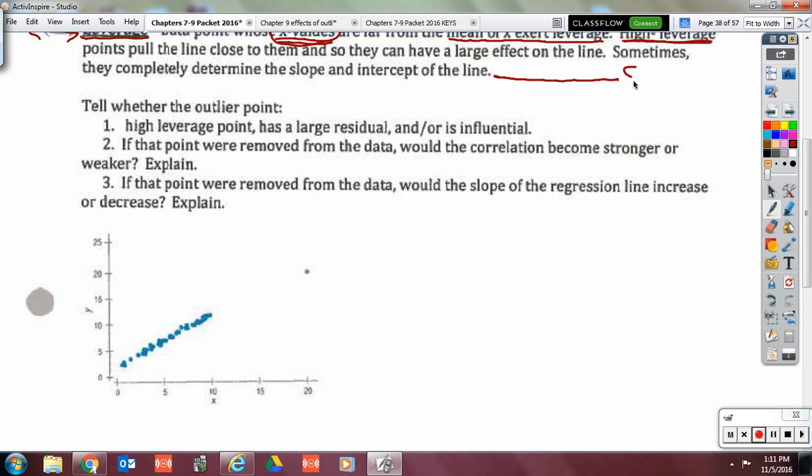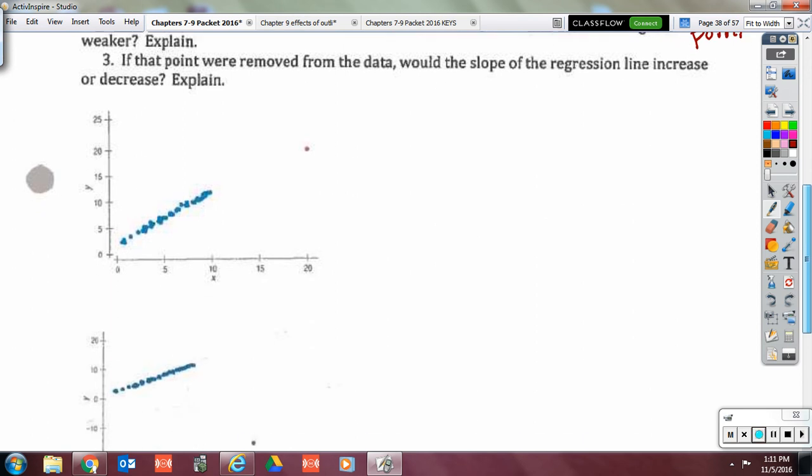The solid represents the line with the special point, and I'm going to draw a dotted or a dashed line without that special point. Okay, so let's actually do those things first.